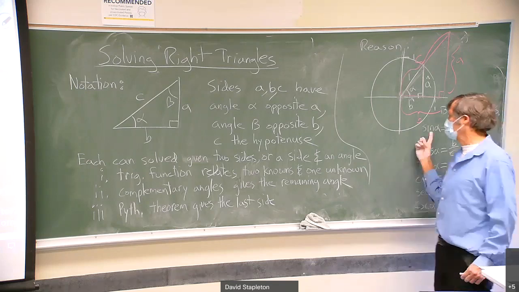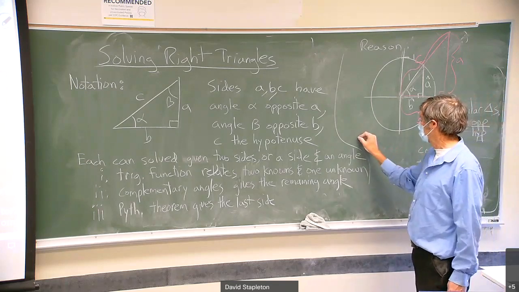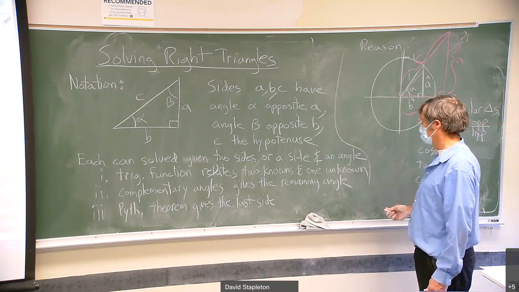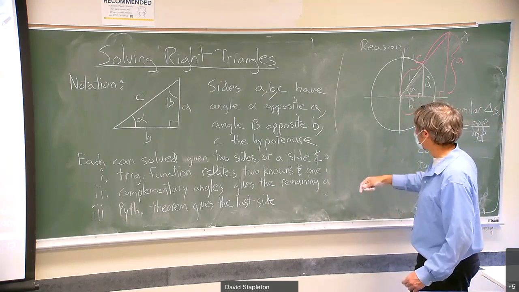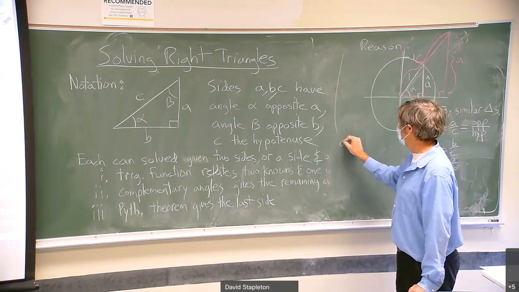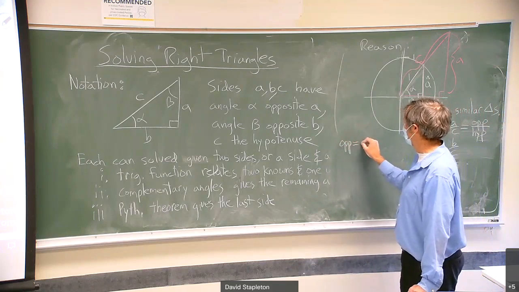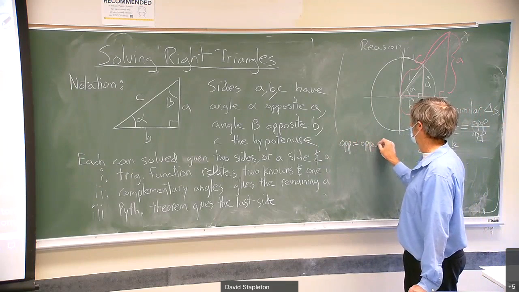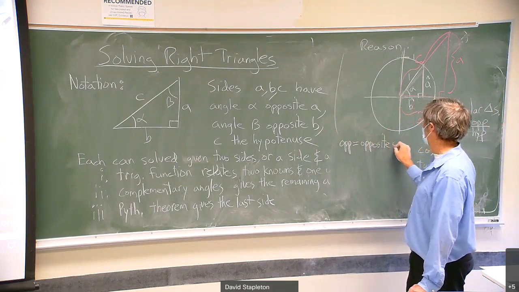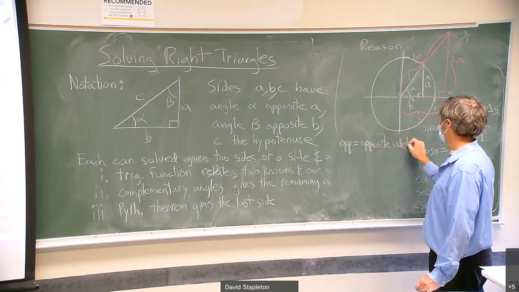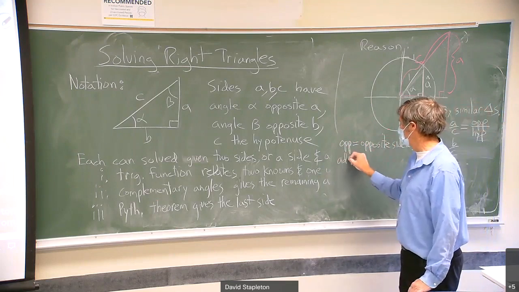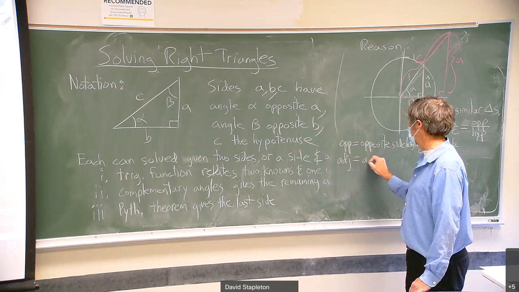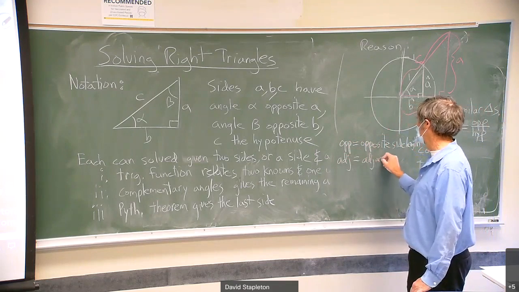So on these, when I write OPP, that means the length of the opposite side. When I write ADJ, that means the adjacent side length.